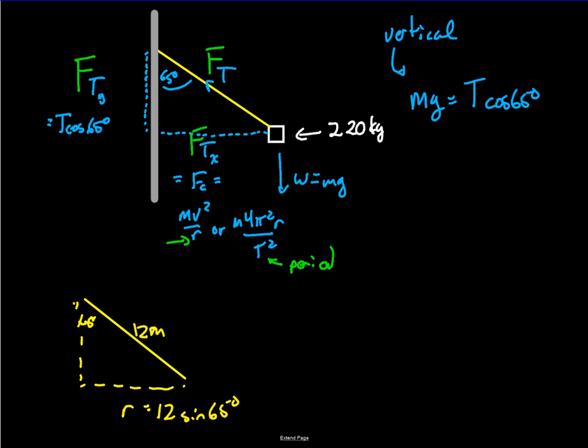So, let's think about the horizontal scenario here. So Ft of x, that's the force of tension in the x. You could think of that as equal to Ft, and sorry, I should leave this as Ft as well, Ft times the sine of 65 degrees.